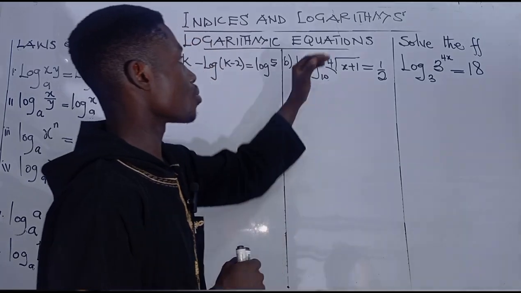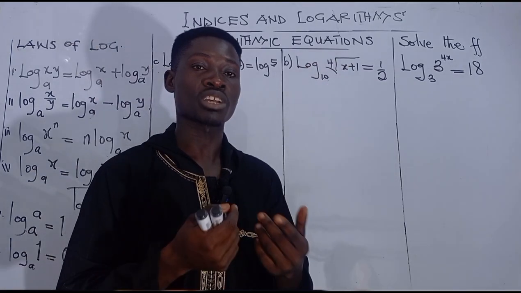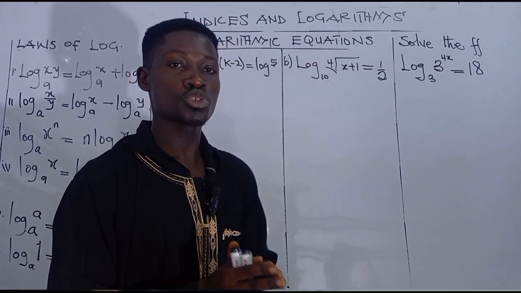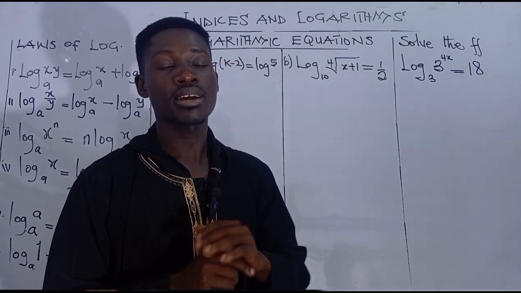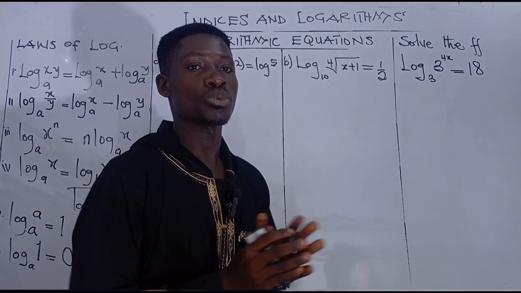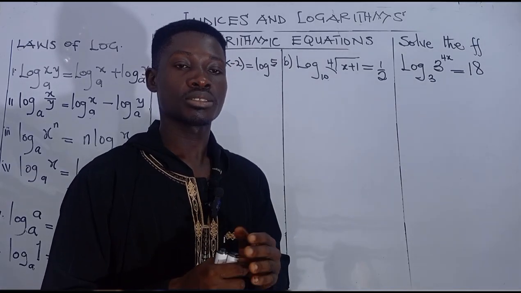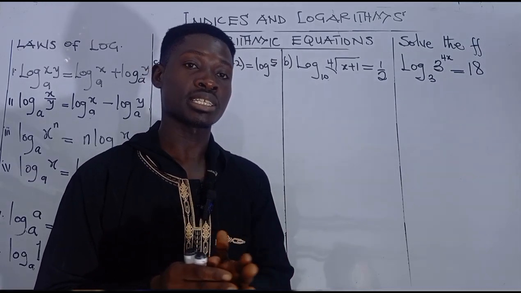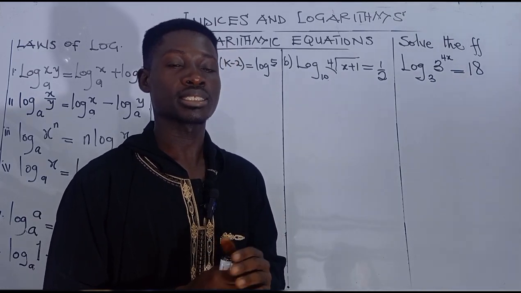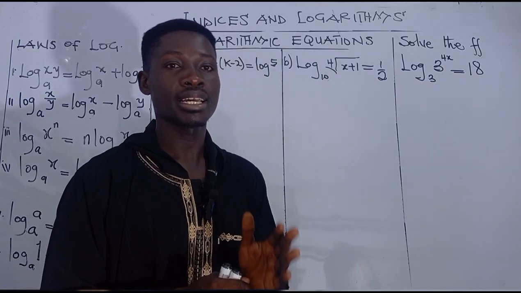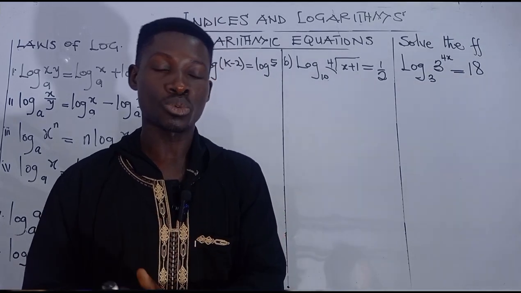Now, a logarithmic equation can be transformed to a linear equation, quadratic equation, and then simultaneous equations. So we'll be looking at these one after the other. But in today's lesson, we shall be looking at logarithmic equations leading to linear equations.